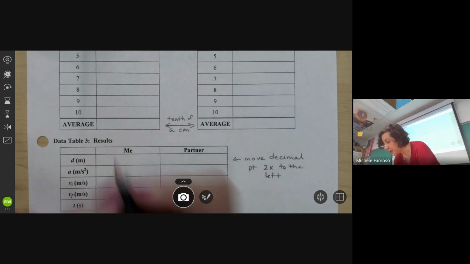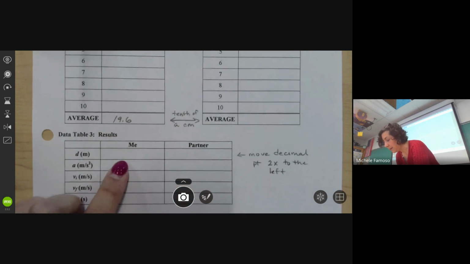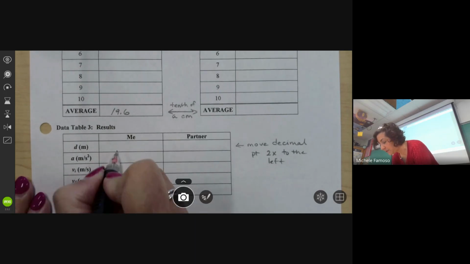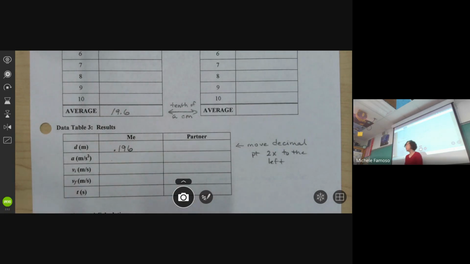If this average, well, let's say it was 19.6. I'm going to move the decimal 2 places left. So for me, that would be 0.196. Don't write that down. That's not your numbers. That's just a made up number I have. Do you understand what you have to do, though, to go from here to here?